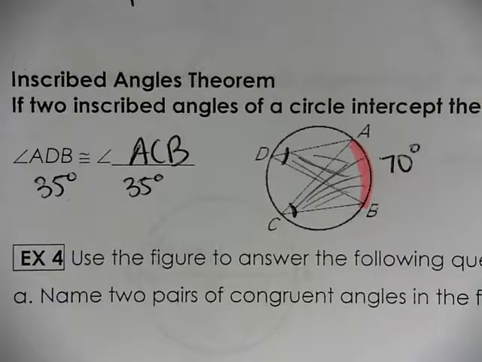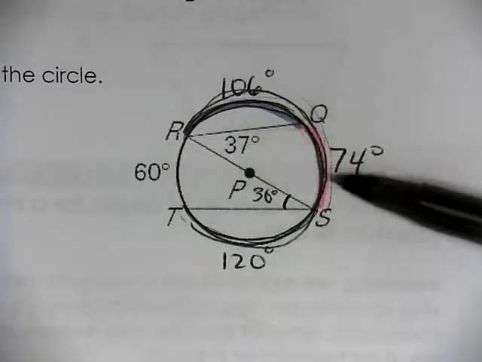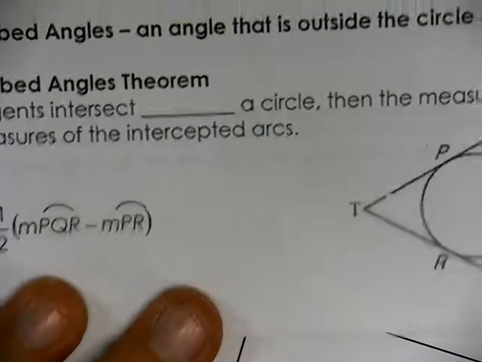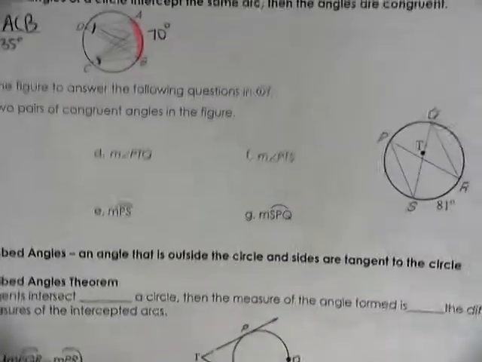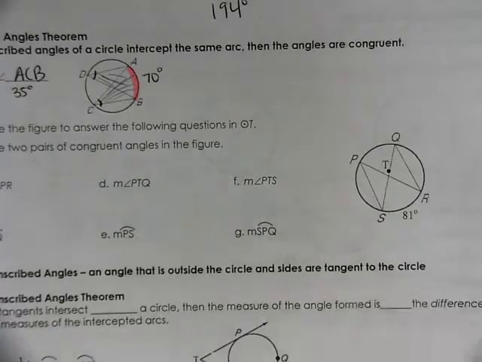Okay, but they have to shine in the same direction on the same arc. That didn't work up here because these were 2 different inscribed angles going in 2 different directions. Okay, example 4 is kind of the same thing. So a lot of times they're going to give you a circle with a lot of stuff and like one beginning part.